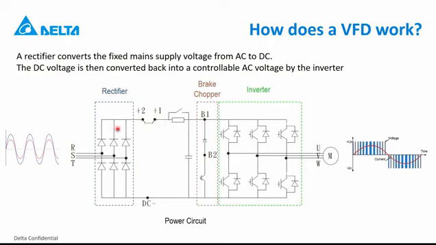So when one of these phases is not connected, for instance, if the S phase is missing, then the voltage that you will see on this side will have a much higher ripple, and the drive can actually detect that.